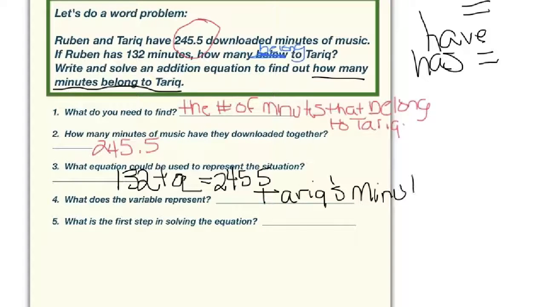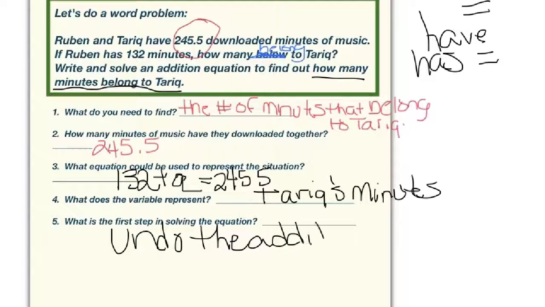What's going to be our first step to solving this? Look at the equation. It's an addition equation, so we would undo by subtracting. Undo the addition. So we will subtract 132 from both sides.